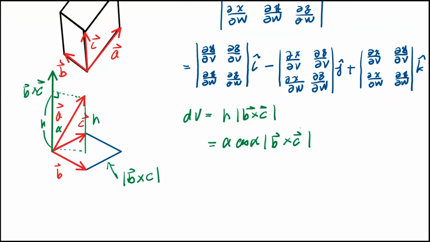Good. The magnitude of B cross C is a scalar, because we take the magnitude, but does that remind you of something? One scalar, another scalar, cosine alpha? Could that be A dot B cross C?